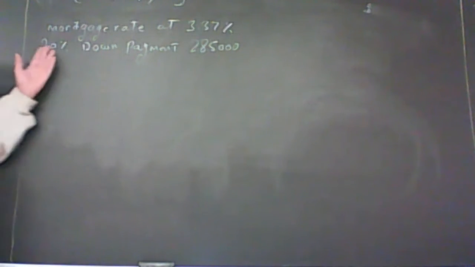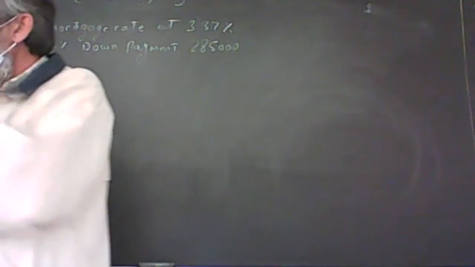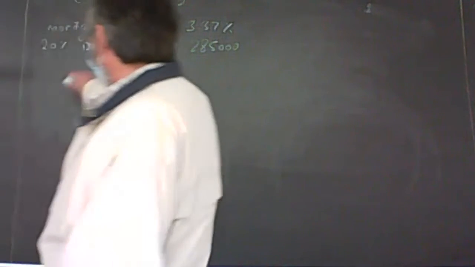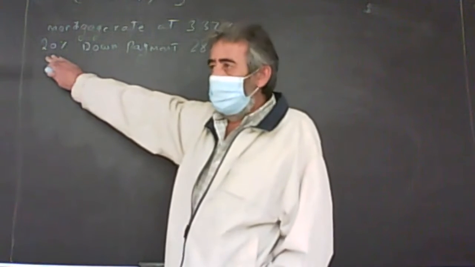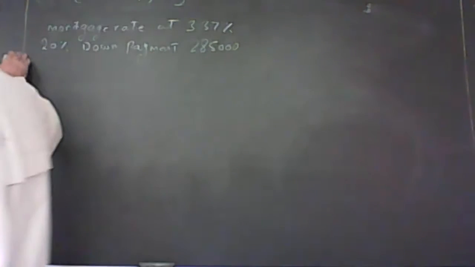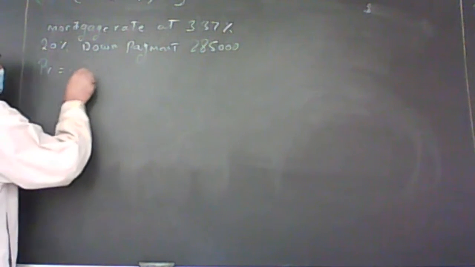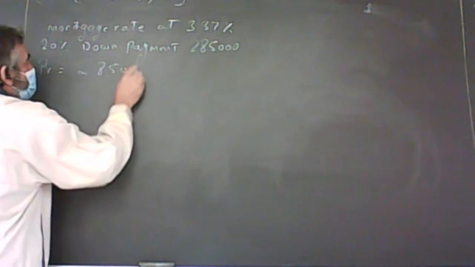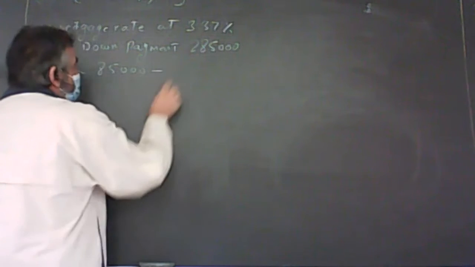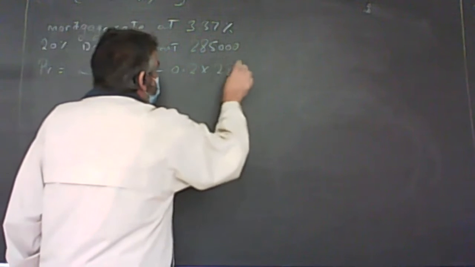Okay. So how do I figure this out? Well, first of all, I need to figure out how much money I need to borrow to buy that house. Because we're going to put down 20%, we're not going to borrow the whole amount. So we're going to borrow the amount minus the 20%. So let's figure out the present value of the loan. It'll be 285 minus the 20%, which is 0.2 times the amount itself.